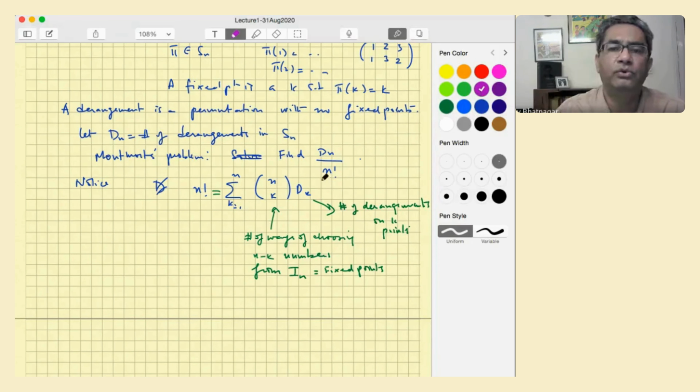So this whole summand becomes the number of permutations with exactly n minus k fixed points.